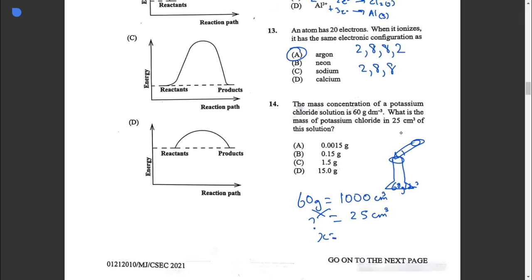So x equals 60 grams multiplied by 25 cm cube divided by 1000 cm cube. Cm cube cancels cm cube, so your answer will be in grams. And so 0 cancels 0, right? So this is 0.06 multiplied by 25, and that is equal to 1.5 grams. Okay, so the answer is C.